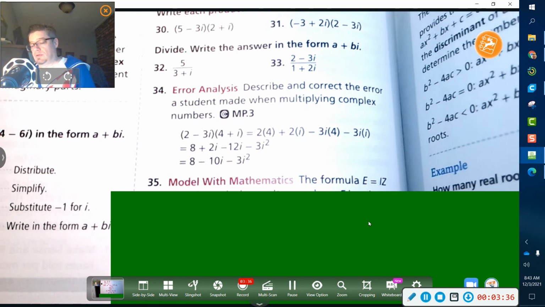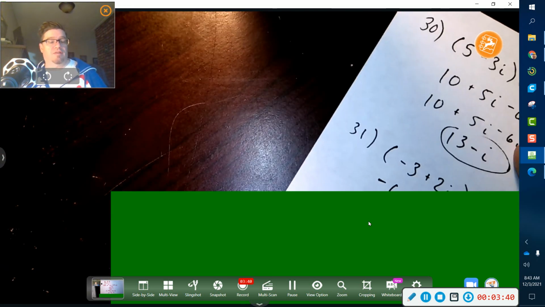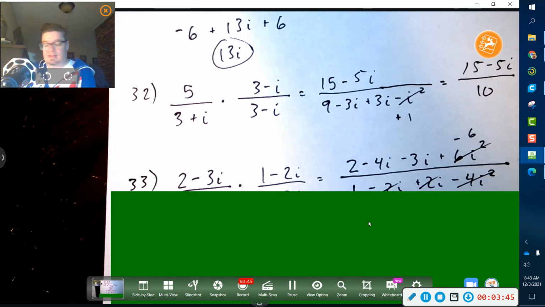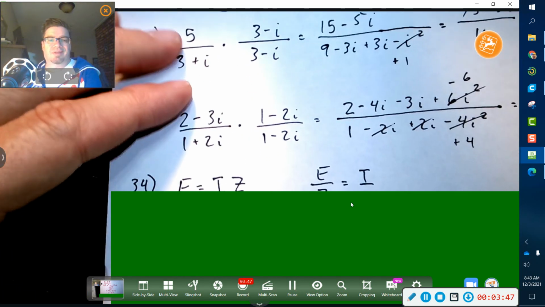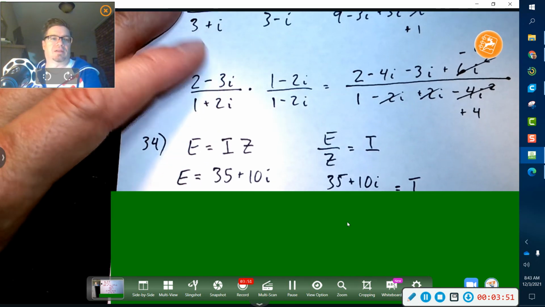All right. So that's the only mistake. Okay. So moving forward, then we'll go to 35. Now 35 was a story problem involving complex numbers. Usually you don't see a lot of story problems with this because no one has studied electricity yet.